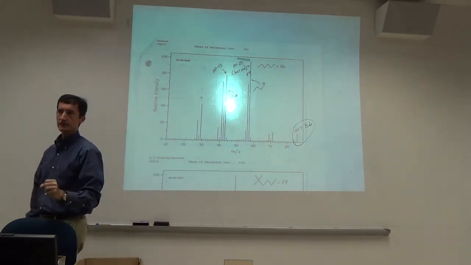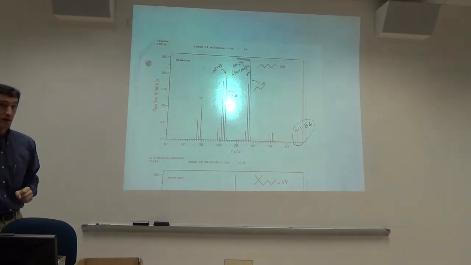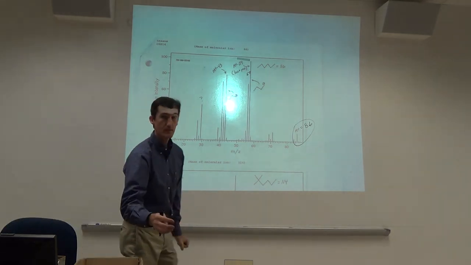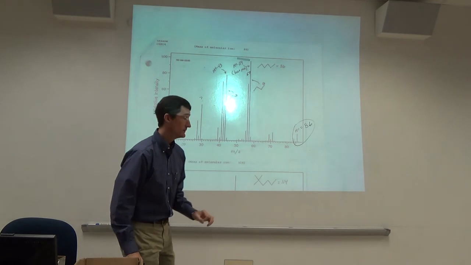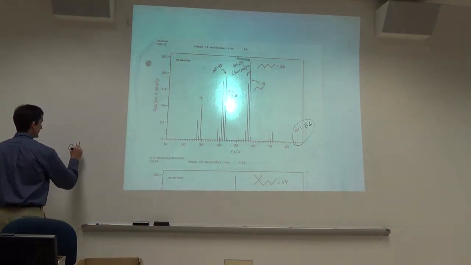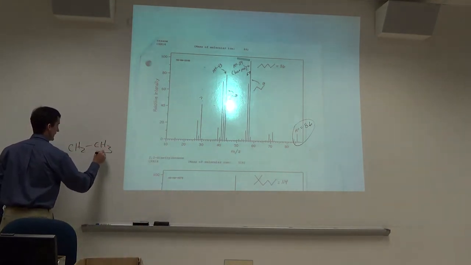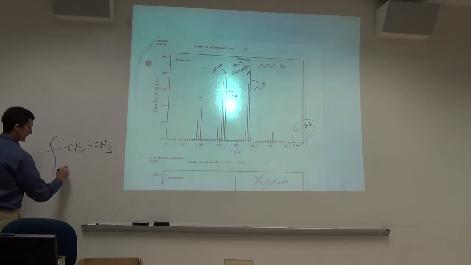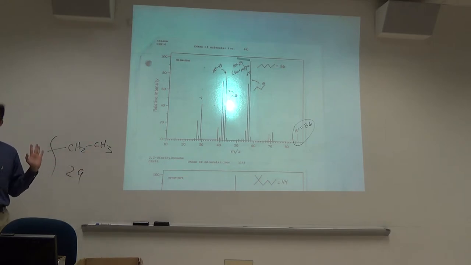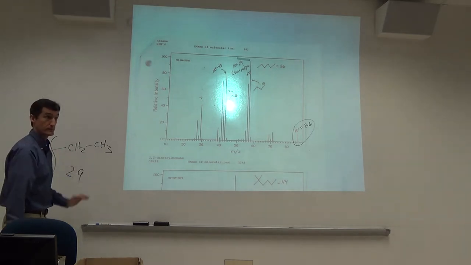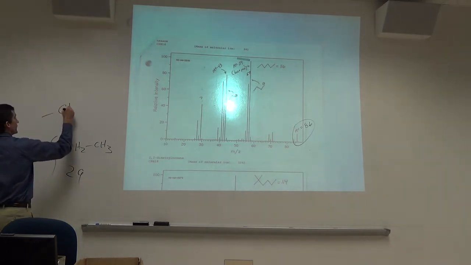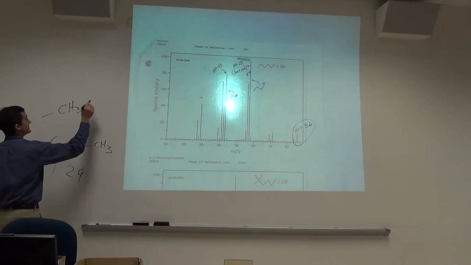And what's a 29 typically? I already told you one time. 29 is typically an ethyl, CH2CH3. If we lose that, that's 29: 2 carbons is 24, 5 H's is 5, 29. What if you just lose a methyl? What is that?